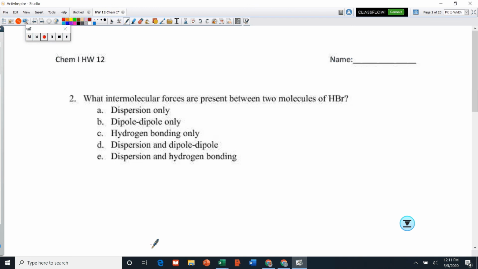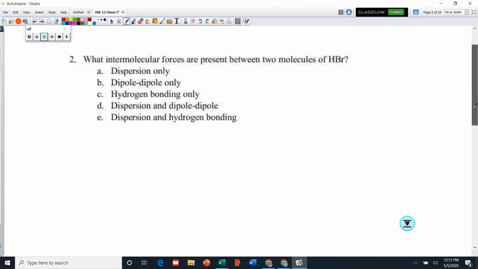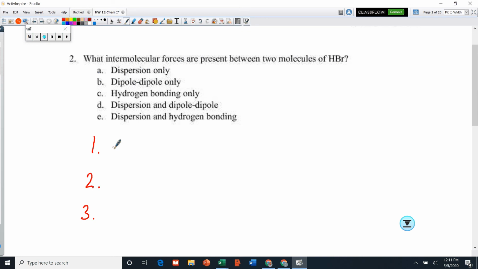What intermolecular forces are present between two molecules of HBr? Well, first we need to know the three types. The intermolecular forces that we primarily deal with are London dispersion, which all molecules have.